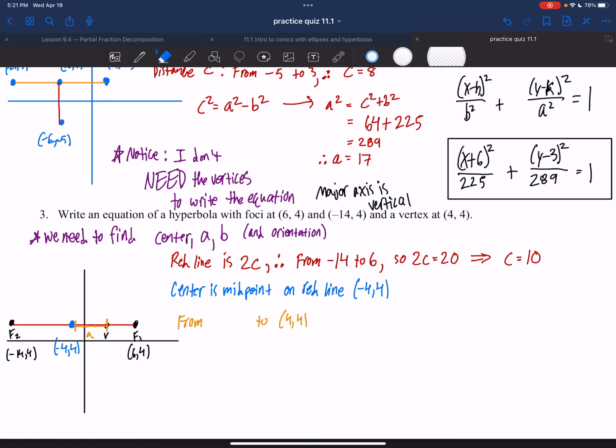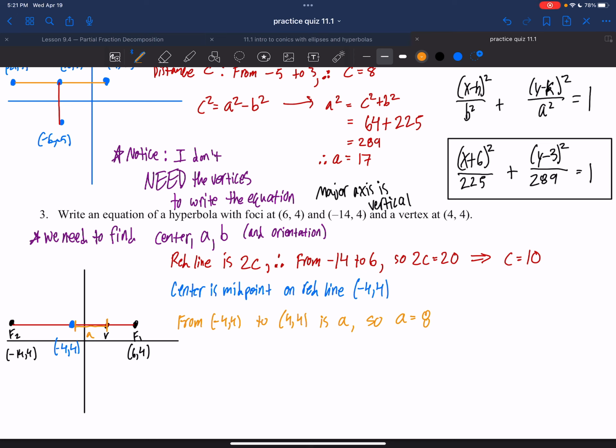Oh my gosh, too many 4s here. From negative 4, 4 to 4, 4 is A. So A equals 8.